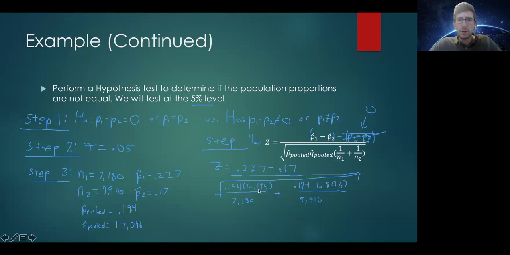So 1 minus 0.194 was 0.806. We take 0.194 and multiply it by 0.806, and we get 0.156 with a little bit of change.